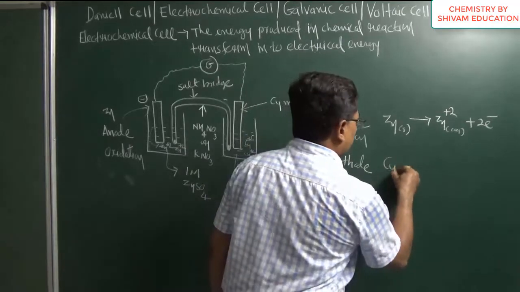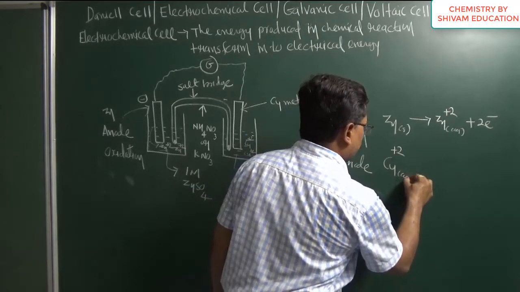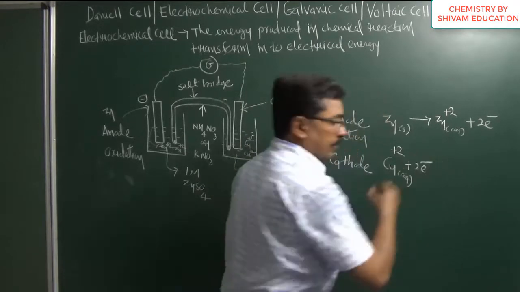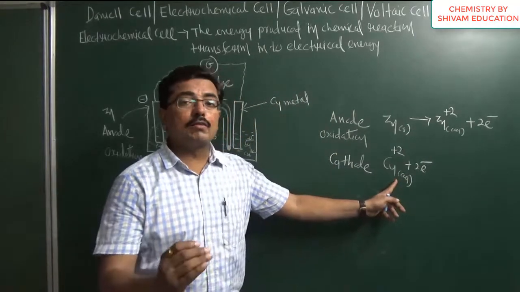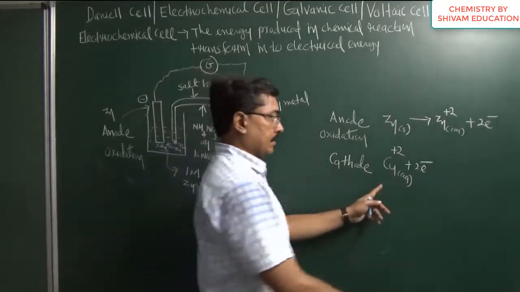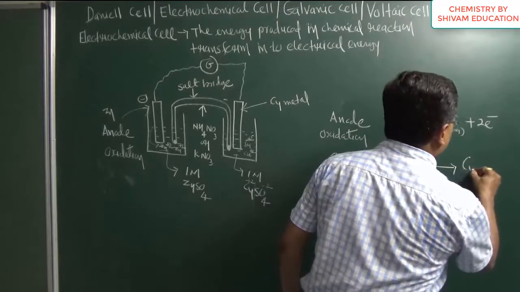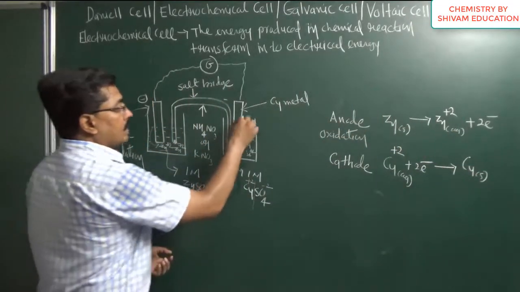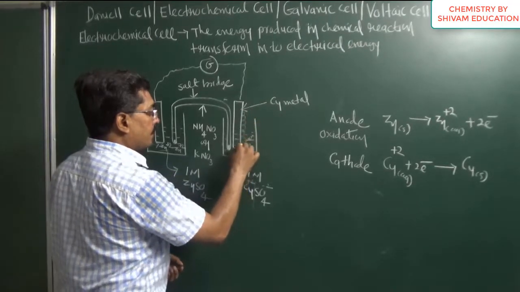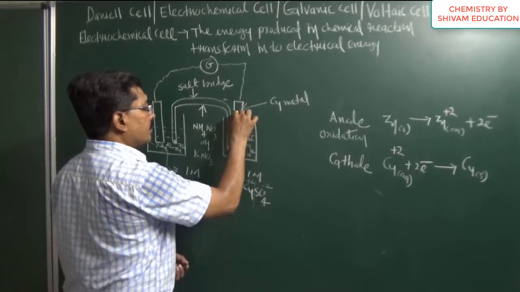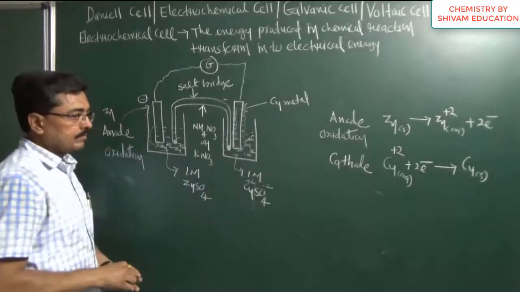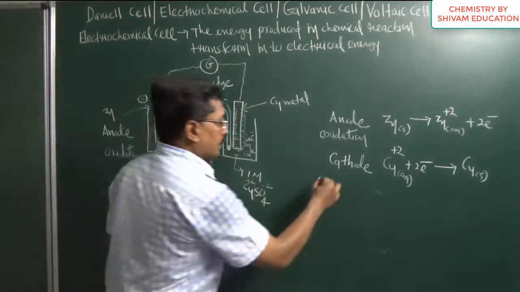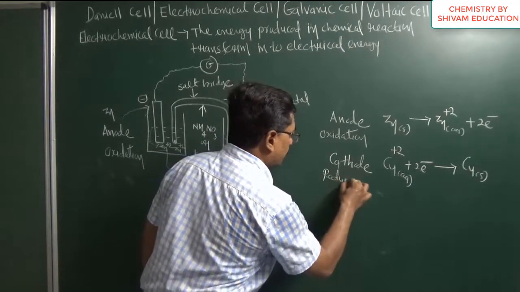So copper 2+ ion present in the solution will gain electrons, and after gaining electrons it will convert into copper metal. So here copper will start to deposit on this electrode. So slowly here copper metal will start to deposit on this electrode through a reduction. So this is known as reduction half cell.